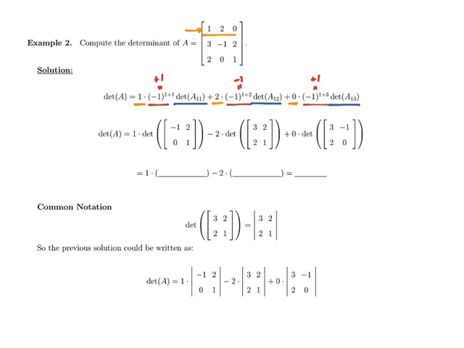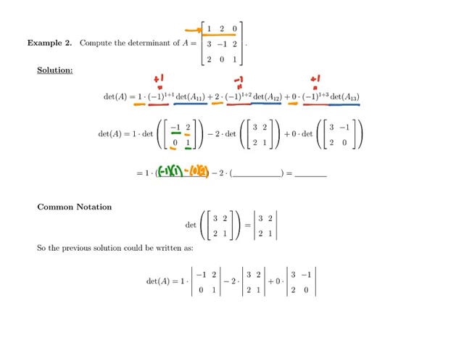So in this case, the determinant of this 2 by 2 matrix is we're going to take the first diagonal, -1 times 1, and we're going to subtract off the second diagonal multiplied together, 0 times 2. That's the determinant of that 2 by 2 matrix.